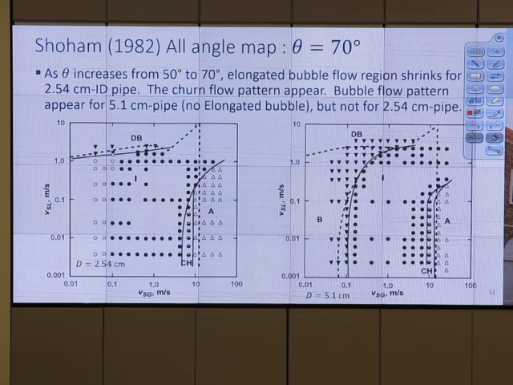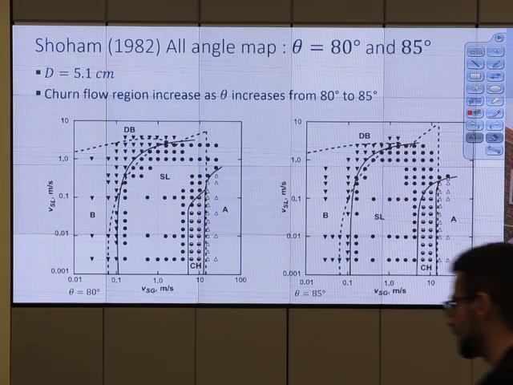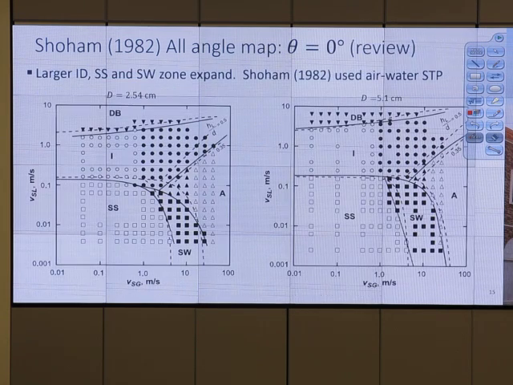If you see churn flow, with air and water in a 2-inch or 1-inch pipe, it is not 30-degree upward. Okay. Alright, now let's take a look at zero.